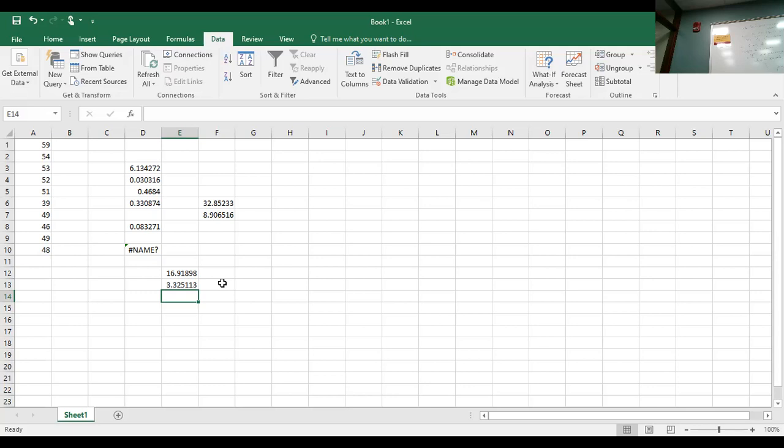This is s squared, so you don't need to square it. So this is 9 times 28.2 divided by 16.919, plus 9 times 28.2 over 3.325.